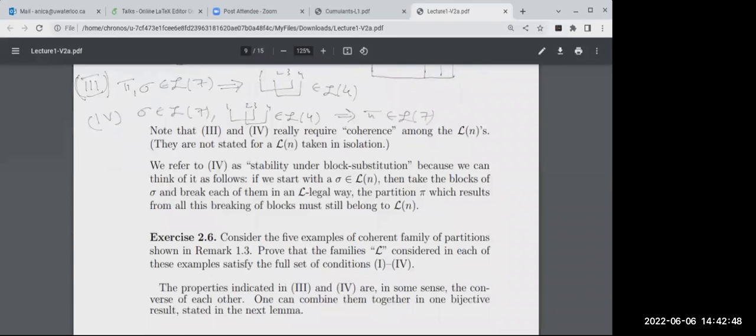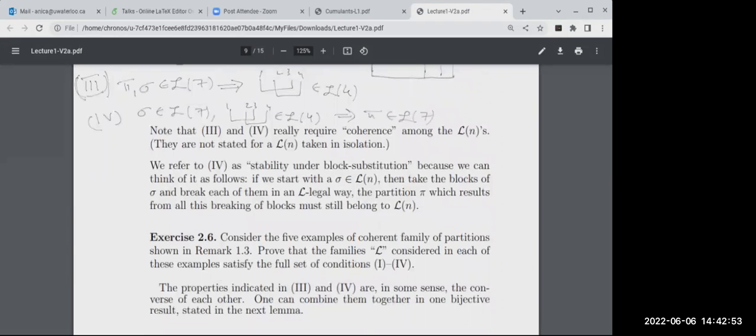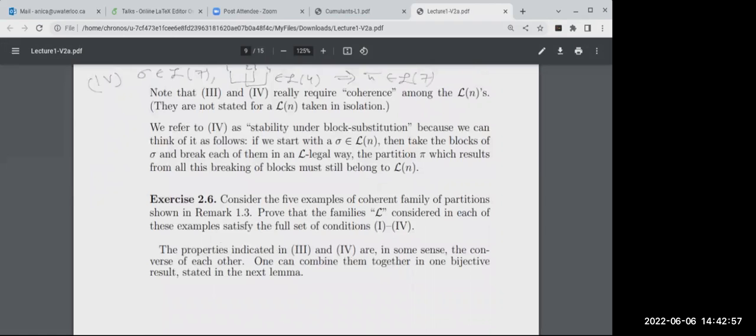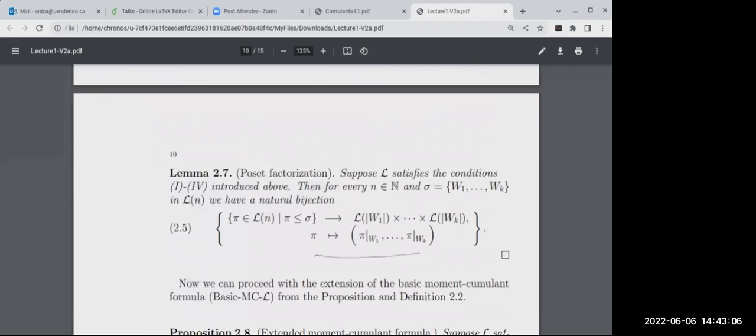These 2 things, as was clear from the example, are somehow converses of each other, and you can put them together. This lemma is an immediate statement which puts together those 2 stability properties.